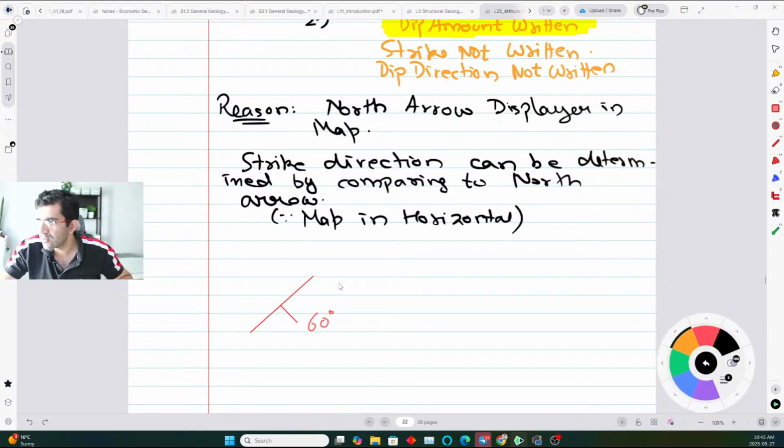Let me make it a little thinner. So this is the strike. This is the dip direction, pointing that way, not the dip amount, but the direction. Dip direction is basically the azimuth or bearing of that dip line. It is simply strike plus 90 degrees. So this is the dip direction.